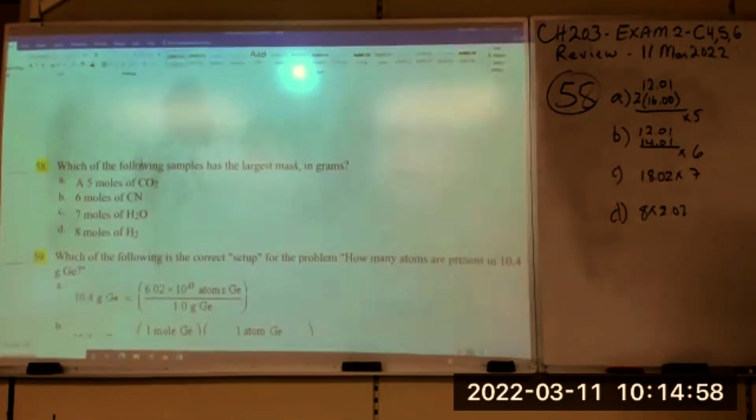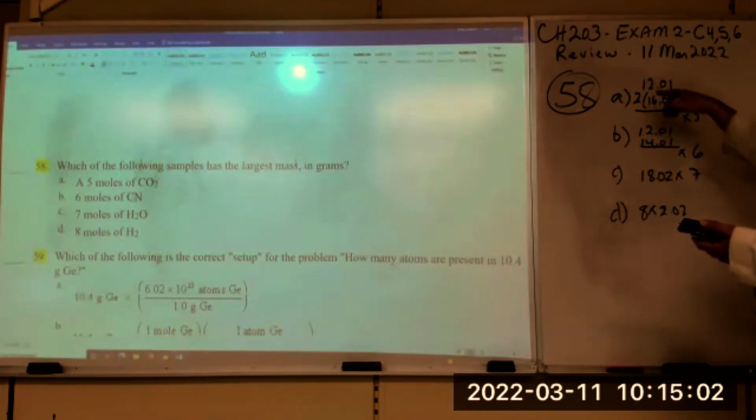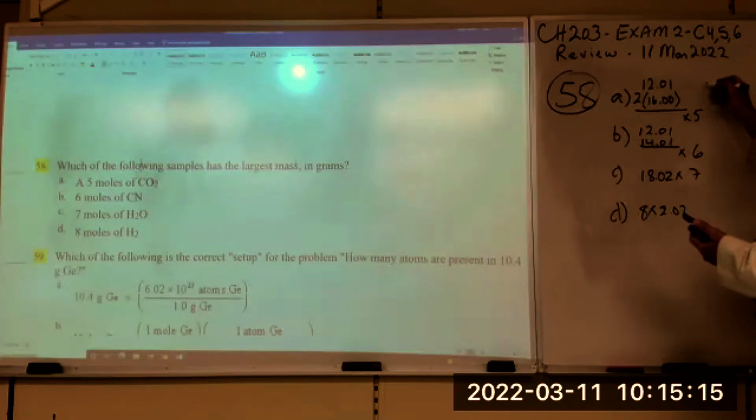So, which one has the largest mass? Well, let's see. 32 plus 12.01, 32 times 5 is 220.1. 220. That's probably going to be close enough. Grams.